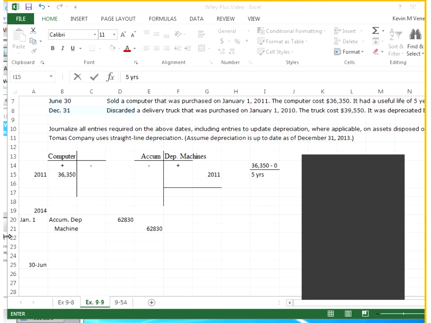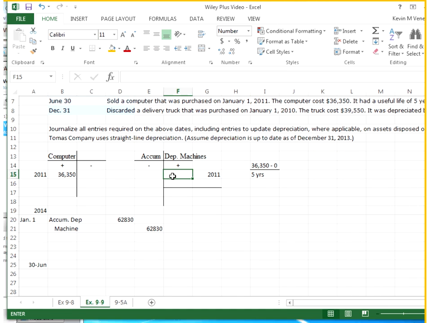If you do this calculation, I know you won't be able to see the calculator, but 36,350 divided by 5, that's 7,270 per year. Now that first year was an entire year since I bought it at the beginning of January in 2011. Now I've had it for 3 years.